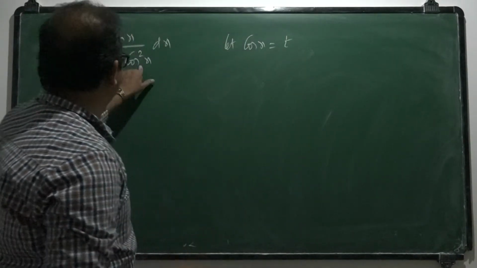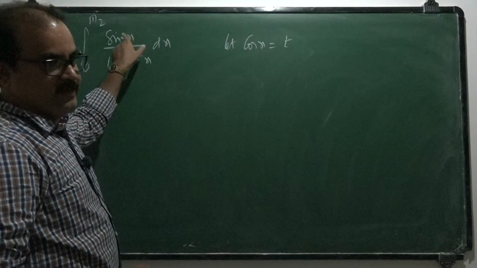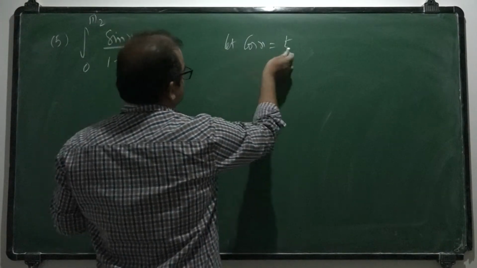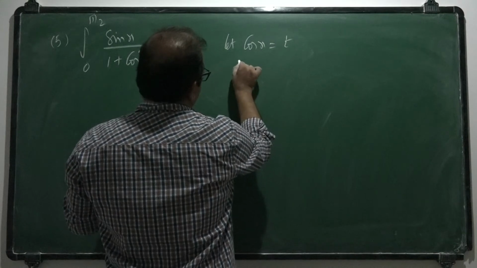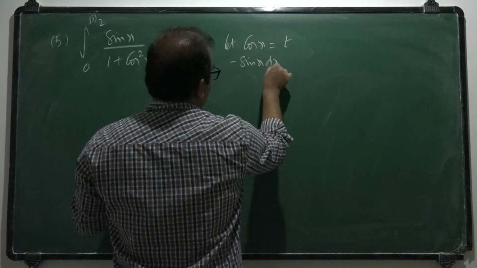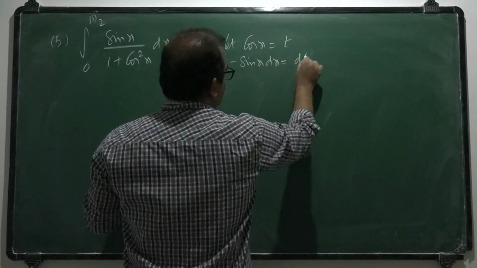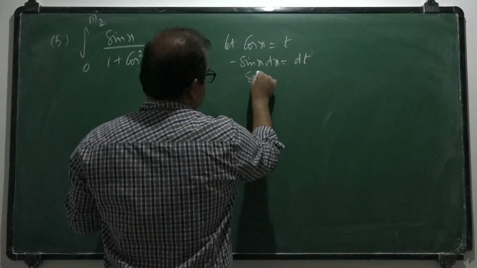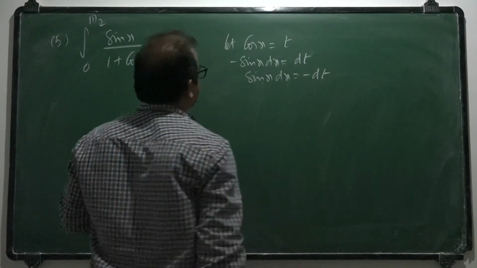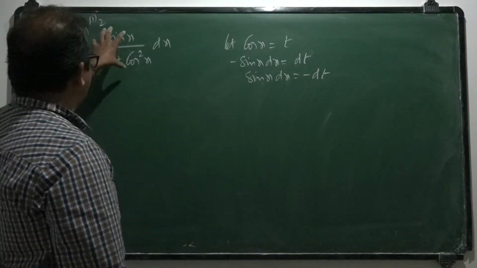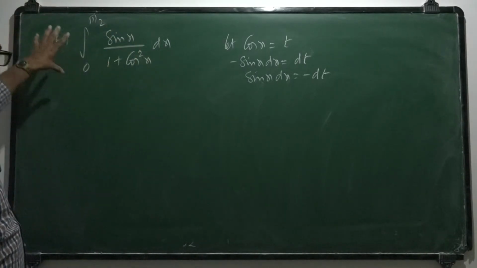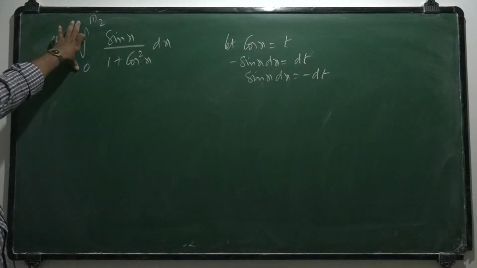Its derivative, sin x dx, minus sin x dx, that is there in the problem. Taking derivative on both sides, derivative of cos x minus sin x into dx, that is equal to dt. So sin x into dx is equal to minus dt. Now here the given problem is in terms of x. So these are the limits to the variable x.